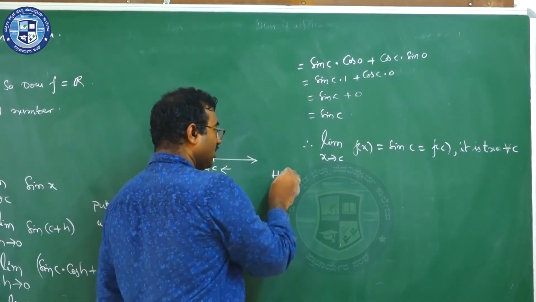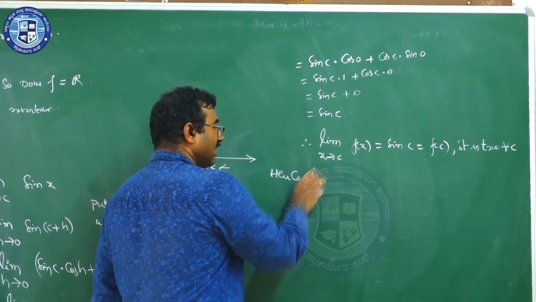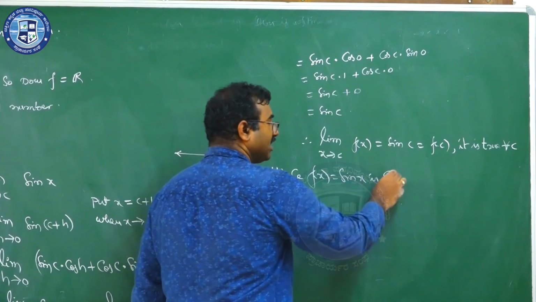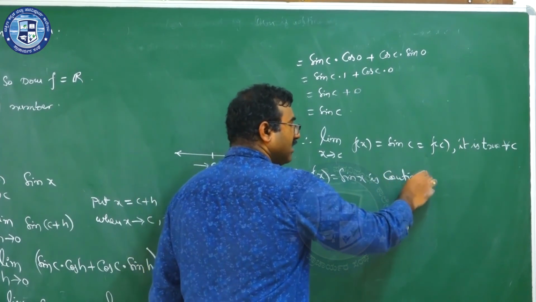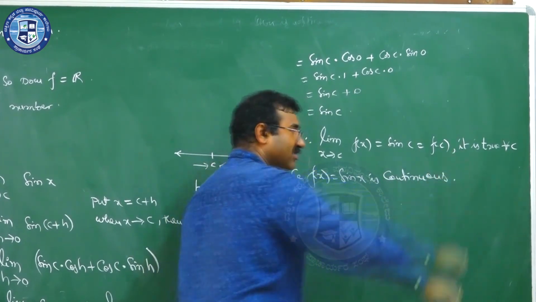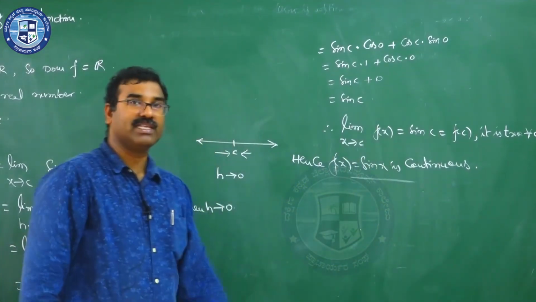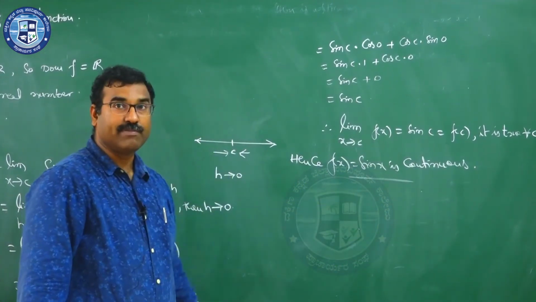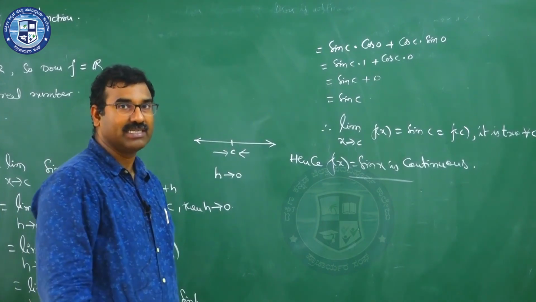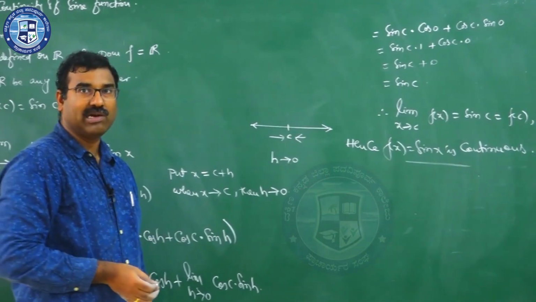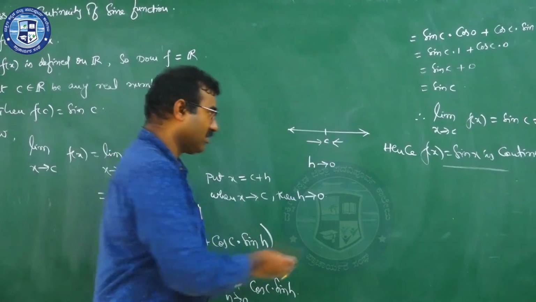Hence f(x) equal to sin x is continuous. Similarly, in the same manner, you can prove that cos x is also continuous.